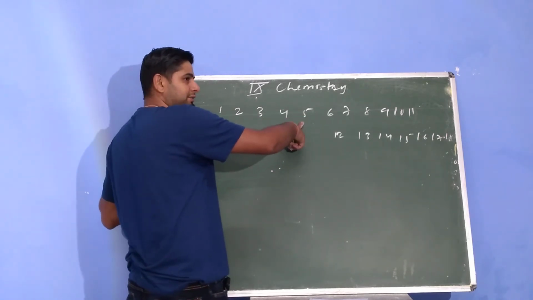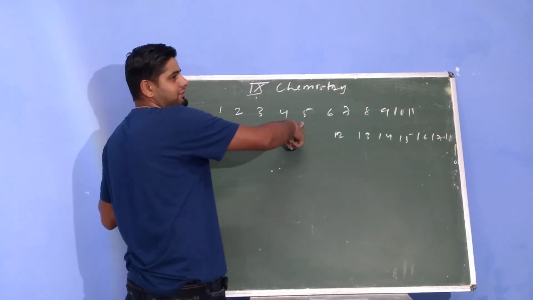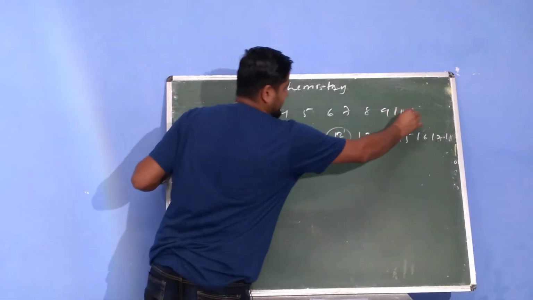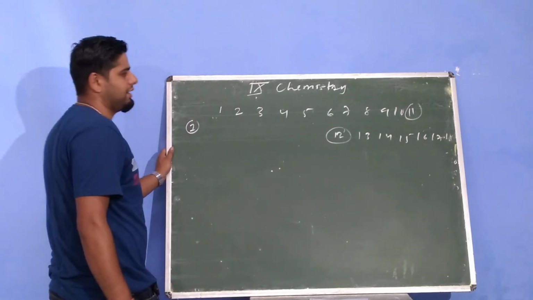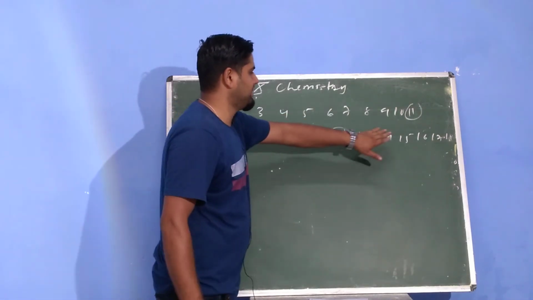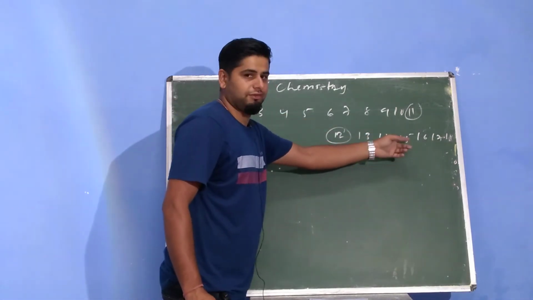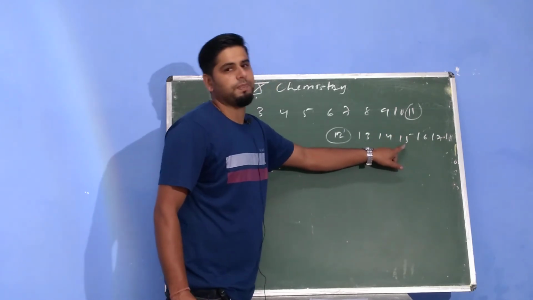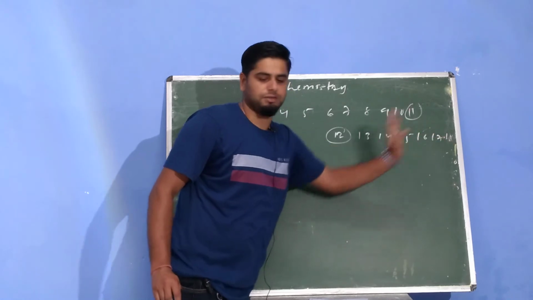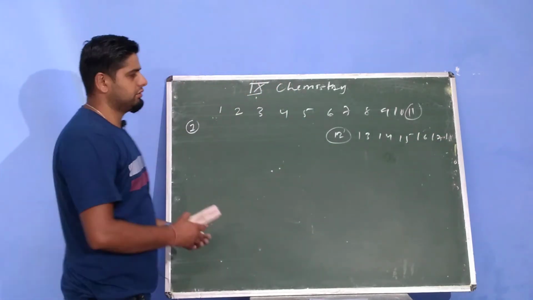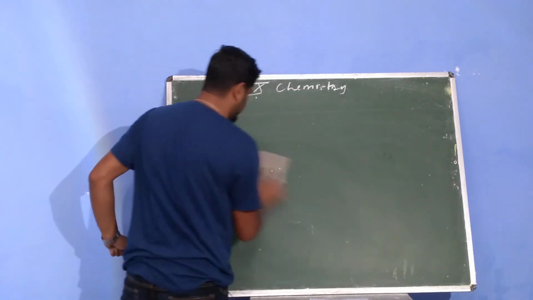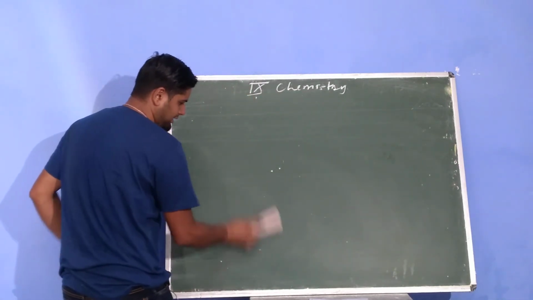Here valency is not 5, it is 8 minus 5, which is 3. Likewise, got it? Here 2, here we have 10. After 10 we have 11, valency 1, valency 2, valency 3, valency 4. Here valency would again be 5, so you have to subtract 8 minus 5, 3, 2, 1 and ultimately 0. Got it or not? So this is a way you can find the valency for different elements.